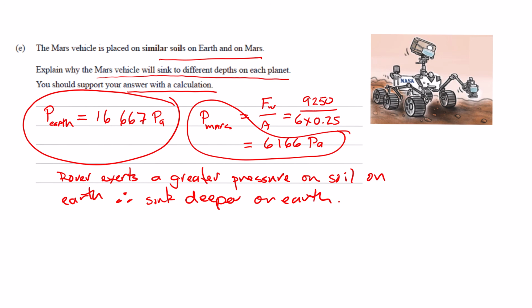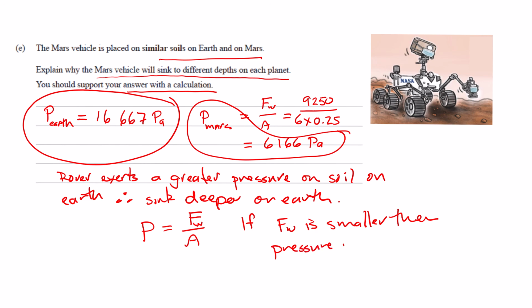And from our equation, pressure is equal to F divided by A, that's our weight force divided by area. We can say that if Fw is smaller, then pressure will be less, and the opposite as well.